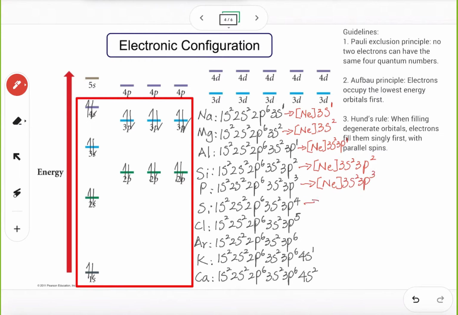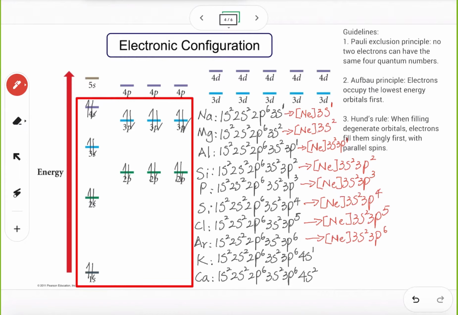For sulfur, neon 3s2, 3p4. For chlorine, neon 3s2, 3p5. For argon, neon 3s2, 3p6. So these are the elements with the neon core.